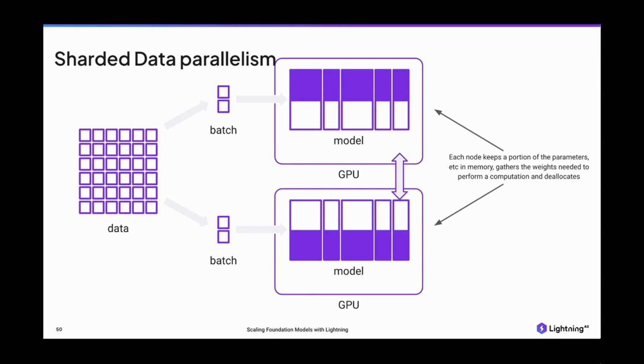And so each node keeps a portion of the parameters in memory, gathers the weights needed to perform a computation, and then deallocates. And so you can go kind of round robin across the model and only gather whatever is needed at each time. Of course, this implies a bit more communication, but you can fit larger models in the same GPU.